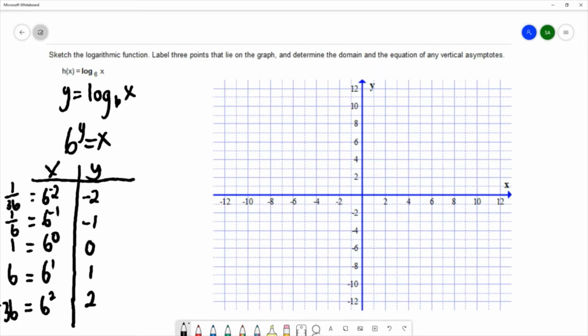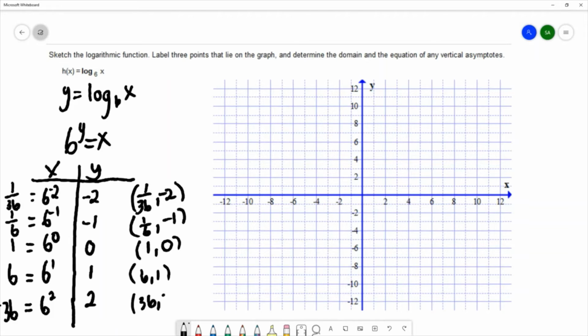So this gives me some ordered pairs that I can plot. My ordered pairs are (1/36, -2), (1/6, -1), (1, 0), (6, 1), and (36, 2).